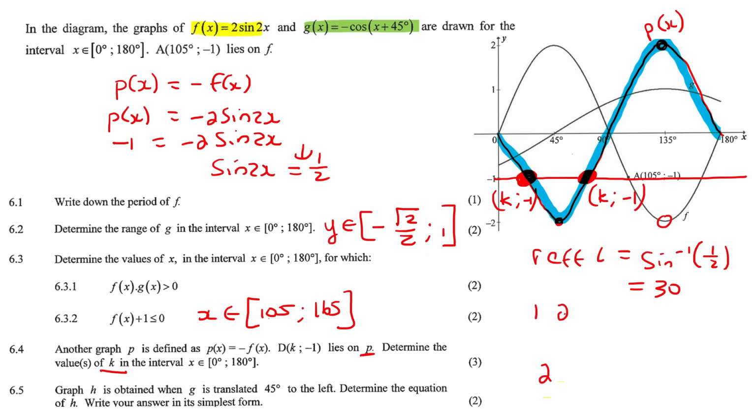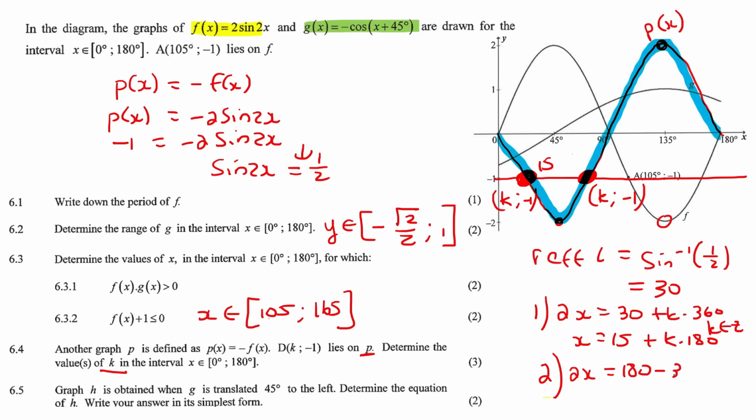So we can say 2x equals the reference angle plus k 360, k element of z. And so x is going to be 15 degrees plus k times 180. So this one's obviously the 15 degrees. Okay, so that's our first k value. Now, if you use quadrant 2, then you say 180 minus the reference angle plus k 360, k element of z.